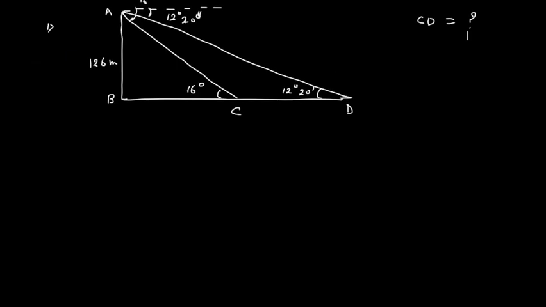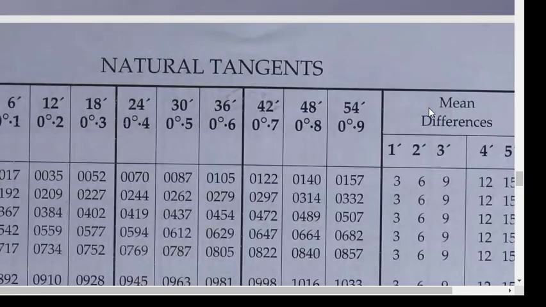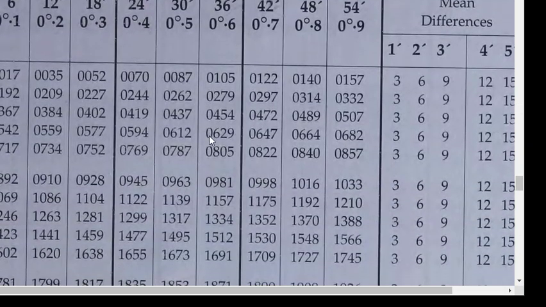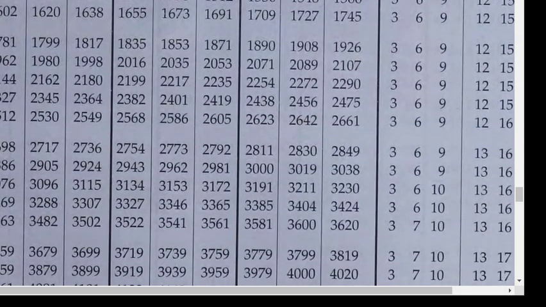Okay, so tan 16 degree will be AB upon BC. Therefore tan 16 degree, we will see this chart for 16 degree. For 16 degree it is 0.2867.